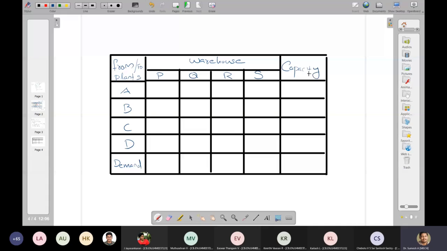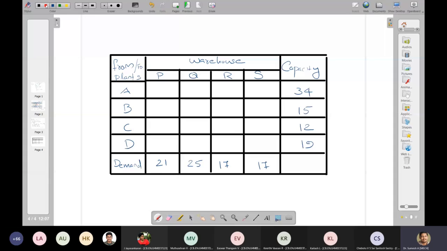The capacity is 34, 15, 12 and 19. The warehouse demand is 21, 25, 17 and 17.